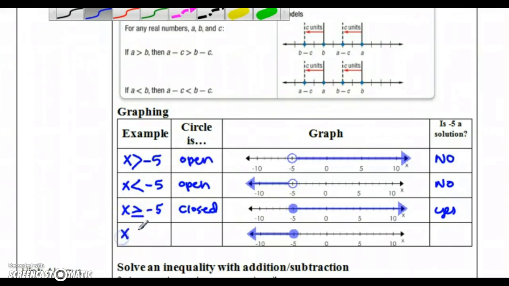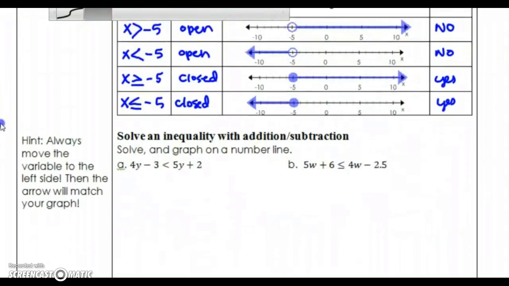And then lastly, x is less than or equal to -5 because it is a closed circle at -5, and we're going less than. So that little small tail end of it goes towards the x, for x is less than -5. And yes, closed circle is going to give me -5 as a solution.